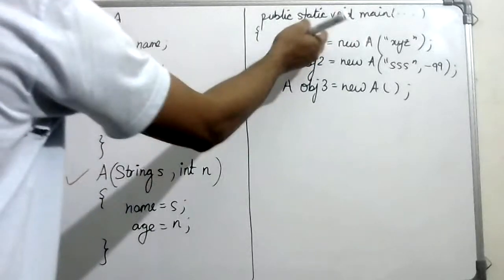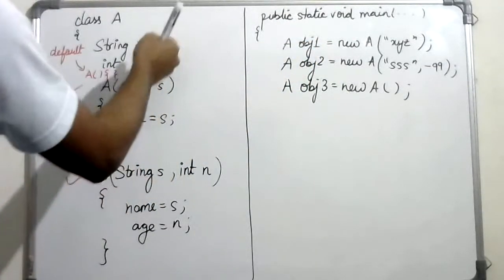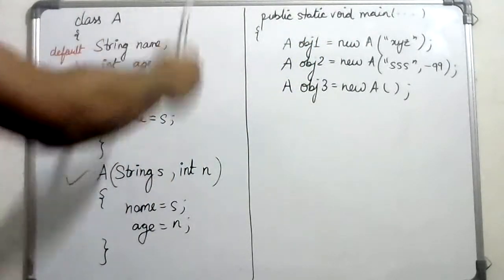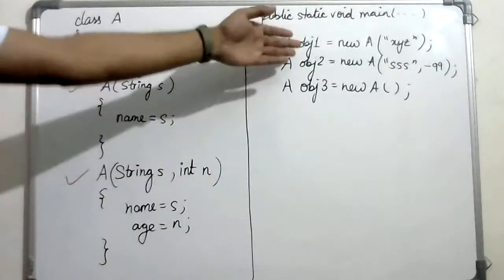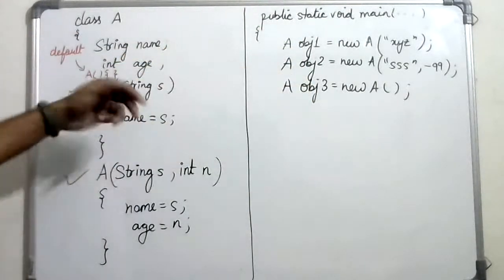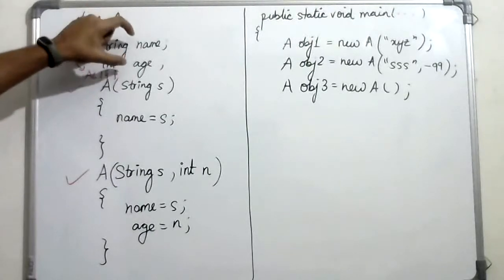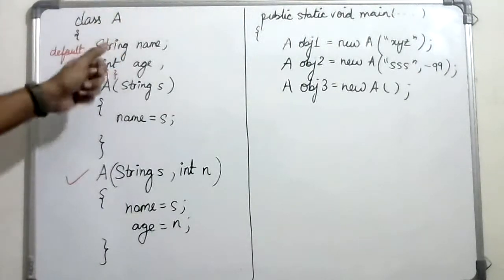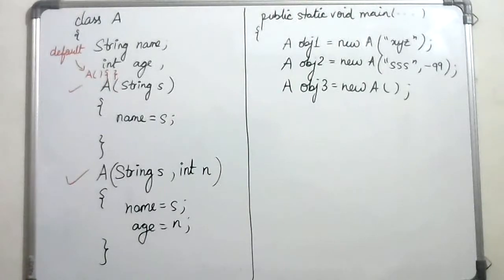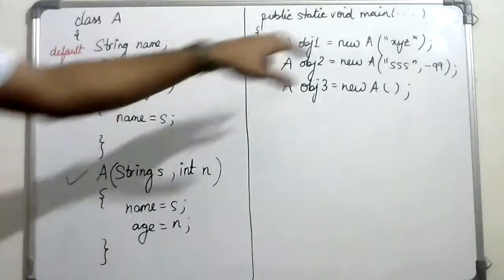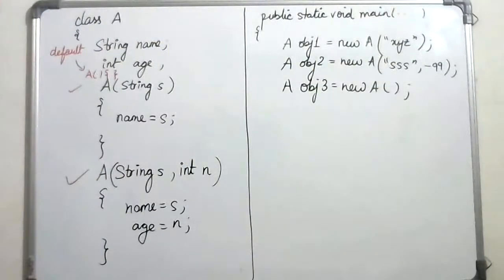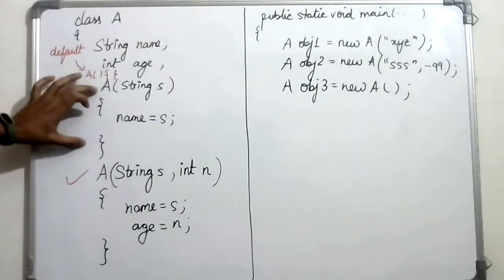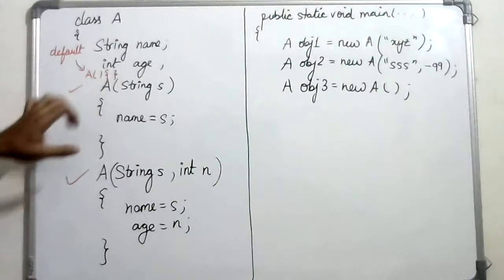So the number of variables that an object has always depends on the number of class variables that have been defined. In case of object 1, object 2, object 3, all of them have two parts or two variables. The name variable and the age variable. All of them will have their separate name and age variables. But in case of object 1, as you can see, I have only passed a single default value to the constructor, thereby calling the first constructor, which takes a single parameter.